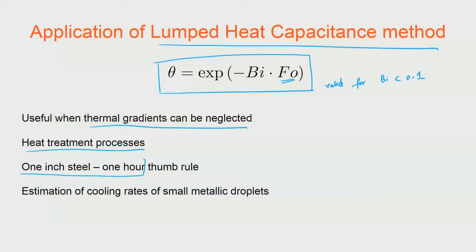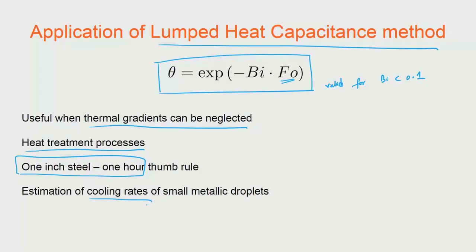This leads to a thumb rule: look at the characteristic length scale of your sample being heat treated in inches, and simply multiply the number of inches to get the time in hours you have to wait for the sample to cool down before you can touch or handle it. This is a thumb rule you can directly estimate from this expression.